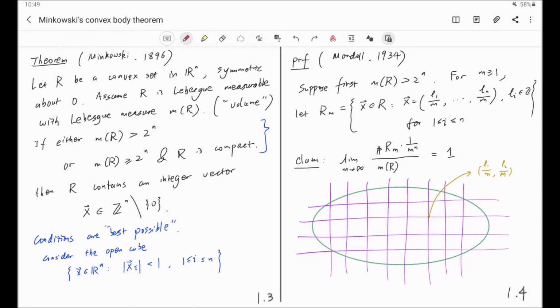Instead of counting directly, what we are going to do is put those squares centered at those points with side length 1 over m. So the side lengths of those squares are all equal to 1 over m.